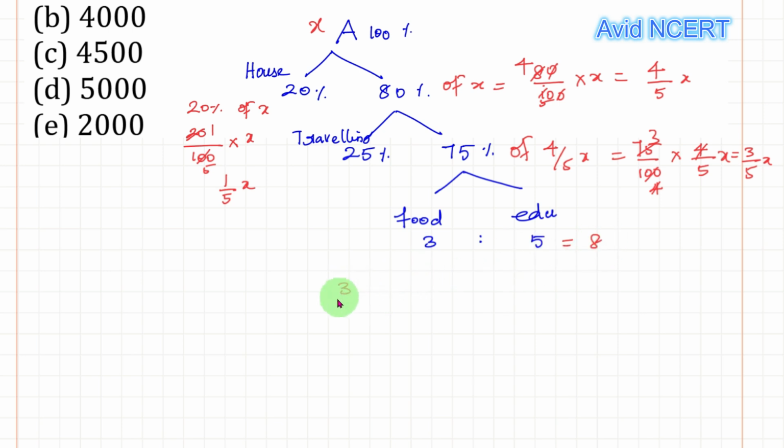So 3 by 8 of 3 by 5 X is taken for food, whereas 5 by 8 of 3 by 5 X is taken for education, where the 5 cancels, which equals 3 by 8 X.